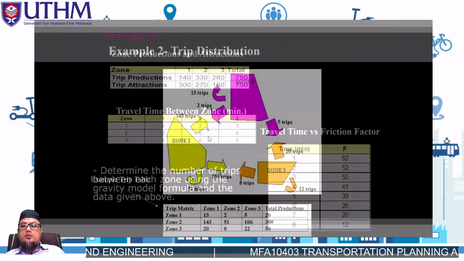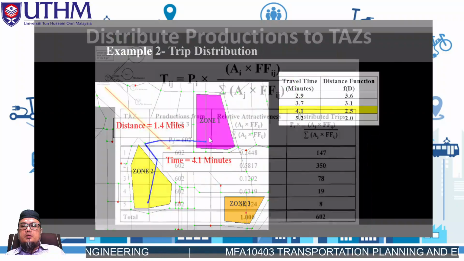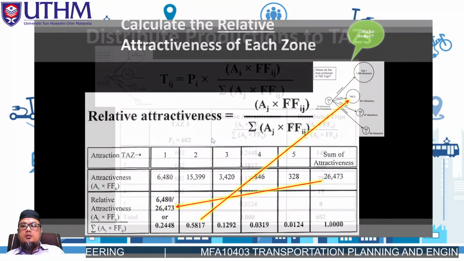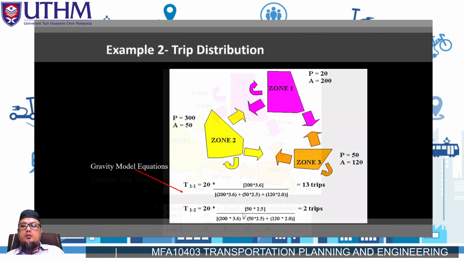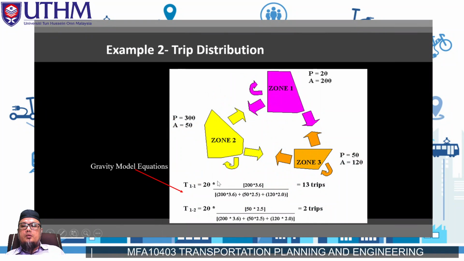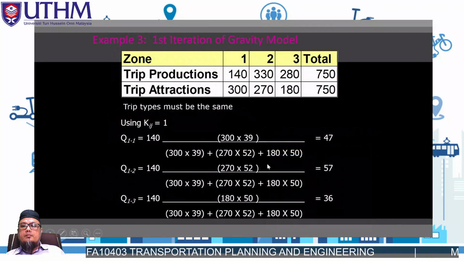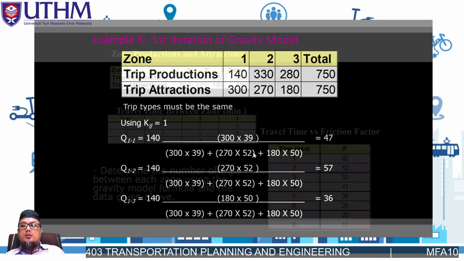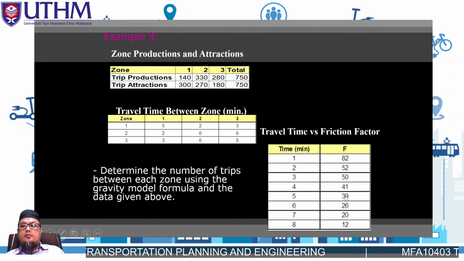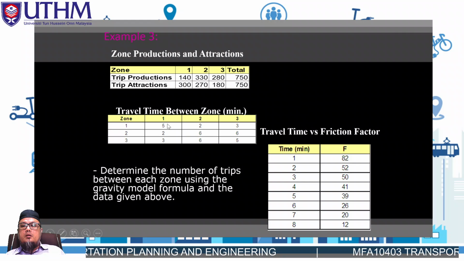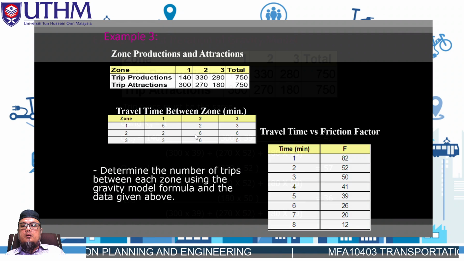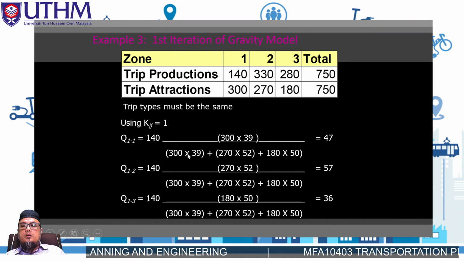So just refer to this formula. Okay, here we have a travel time of 5 minutes. This one is 207.